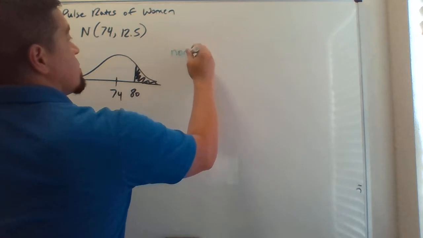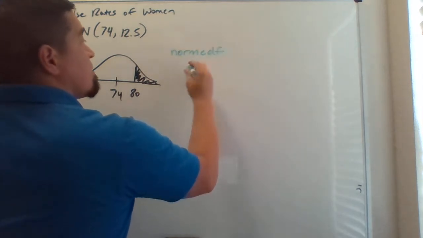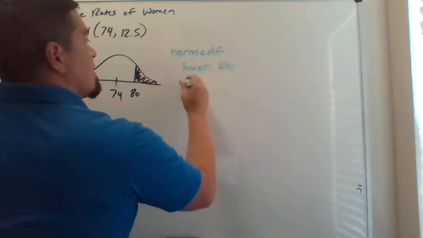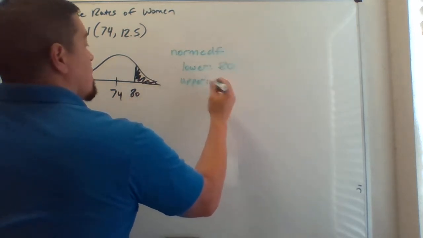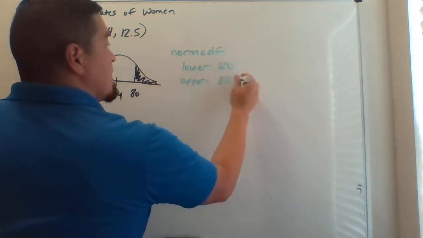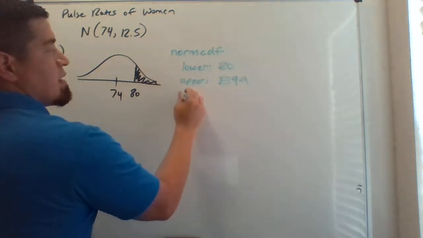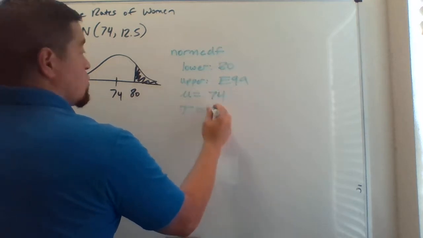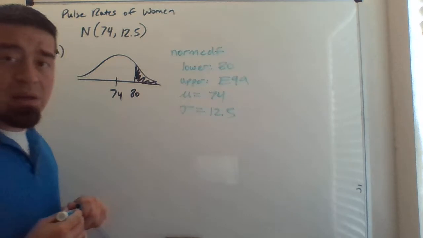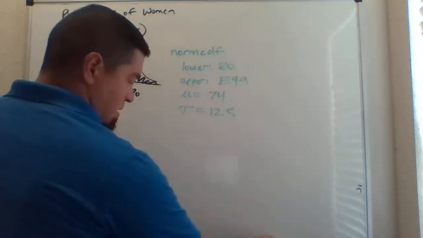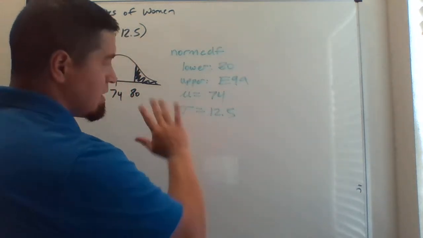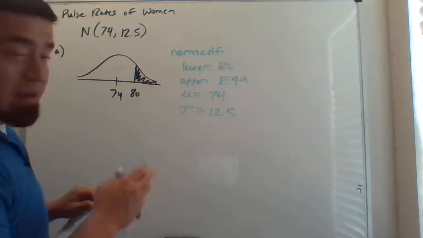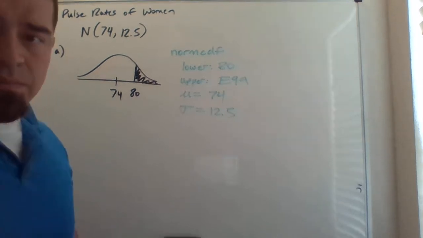So if I use normal CDF with the lower bound of 80, an upper bound of infinity, so I'll put E99 as infinity, and a mean of 74, and the standard deviation of 12.5 according to this problem, I'll get our answer.